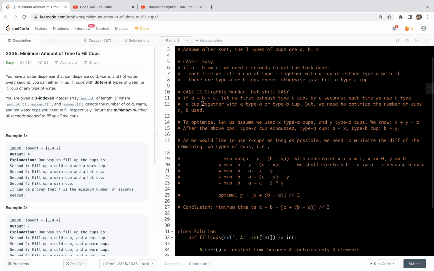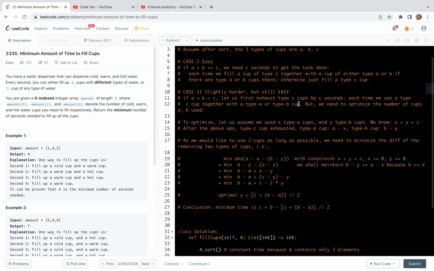So that's case 1. Case 2 is slightly harder, but it's still easy. It corresponds to the case A plus B strictly larger than C. Let's first exhaust type C cups in C seconds. The strategy is as follows: each time we use a type C cup together with a type A or type B cup.